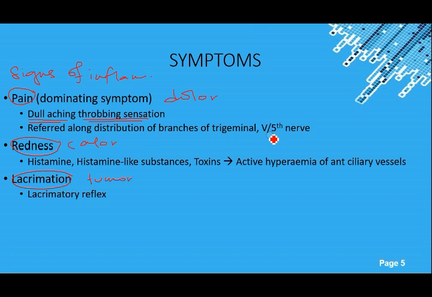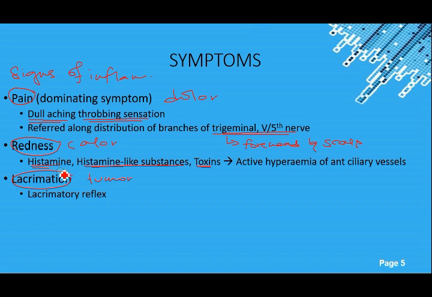This pain is felt everywhere in the trigeminal nerve supply, so normally it's in the forehead and scalp region very commonly. Now the redness here is because of histamine and histamine-like substances and the toxins.